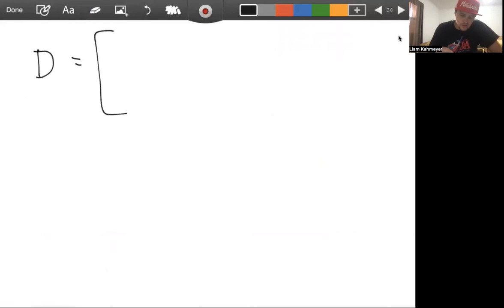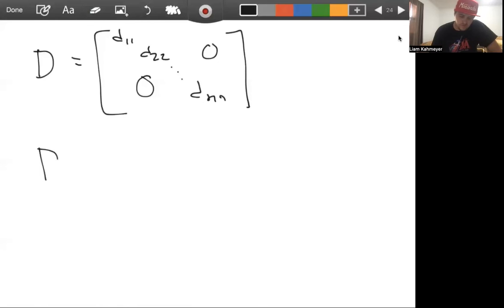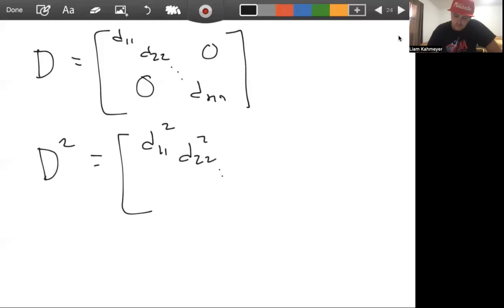If you think about the diagonal matrix, which is, let's say, D11, D22, and so on to DNN, with zeros everywhere else, let's look at what happens when you take D squared. You have this times itself, and what you end up getting is D11 squared, D22 squared, and so on to DNN squared.